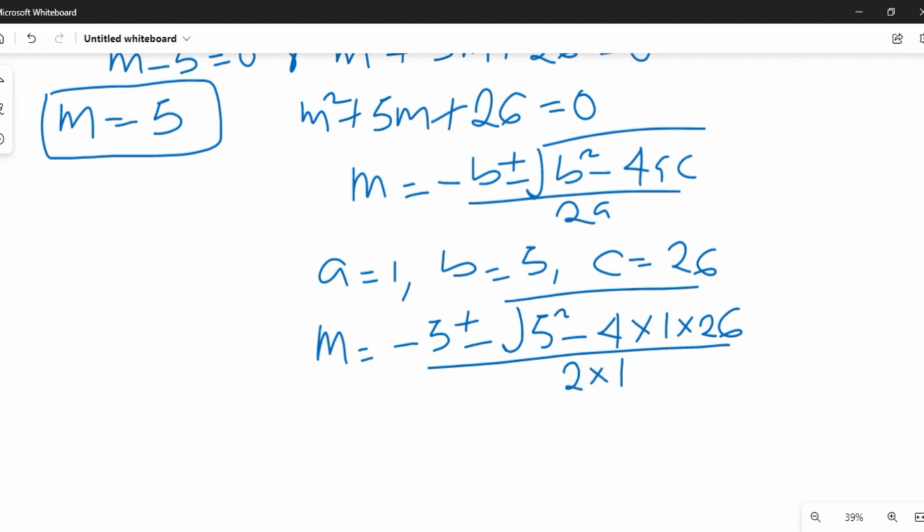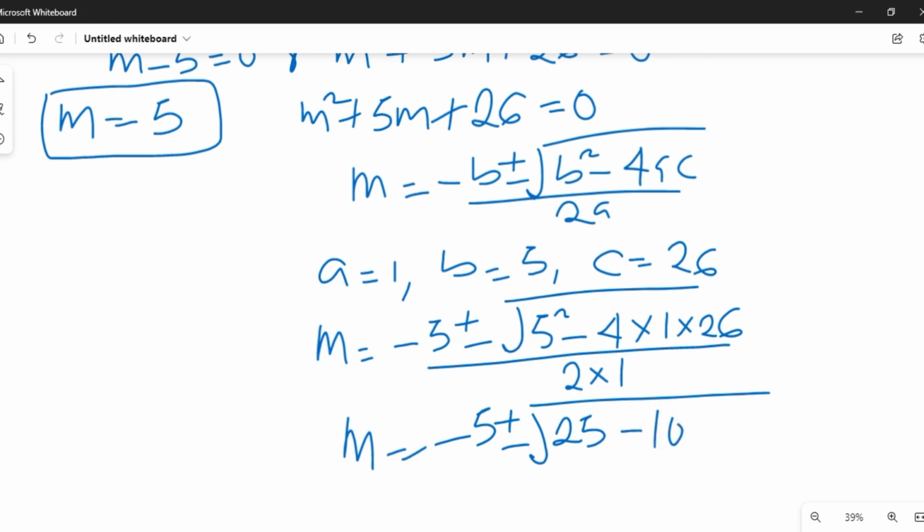So if we multiply that, we are going to get a definite solution. And what will our solutions be? We are going to have m equal to minus 5 plus or minus square root of 5 square will give us 25, minus 4 times 1 times 26, 26 times 4 will give us 104, and that will be all over 2.